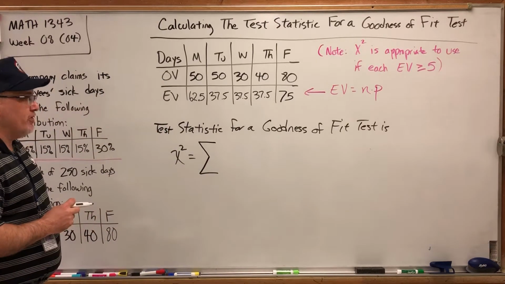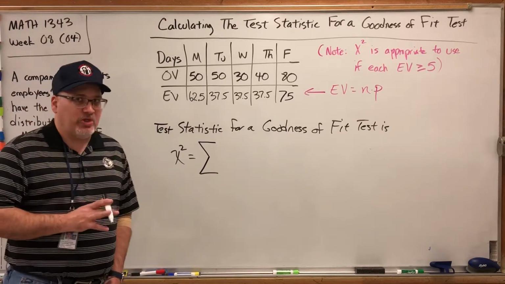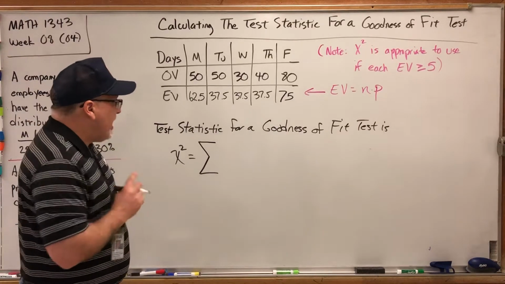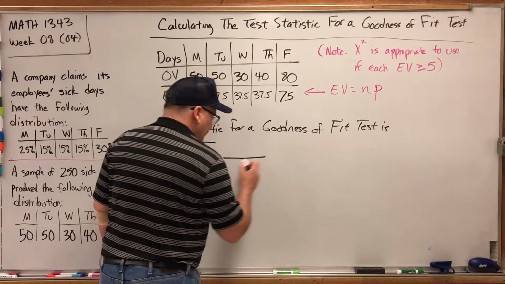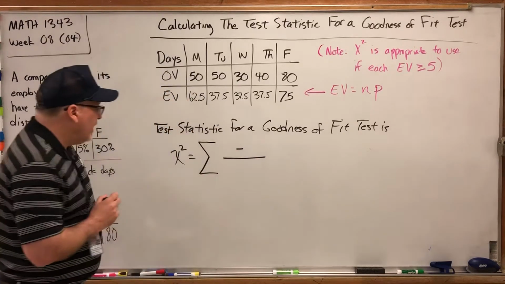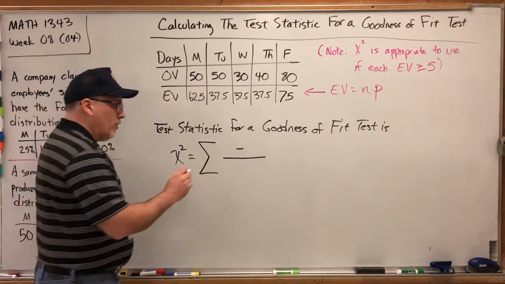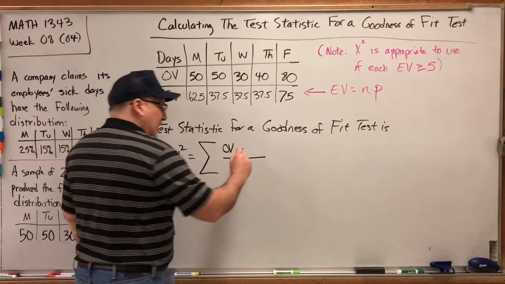Here's what we're going to do for each category. We have 5 categories here: Monday, Tuesday, Wednesday, Thursday, and Friday. For each category, we're going to take what we observed. Well, first off, there's going to be a fraction. And in the numerator, there's going to be a subtraction problem. And the subtraction problem is what we observed, the observed value, minus what we expected.